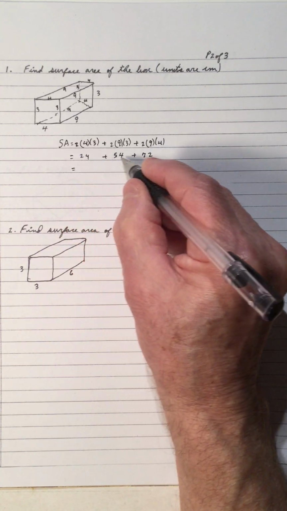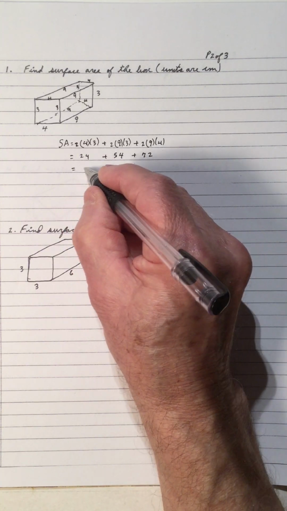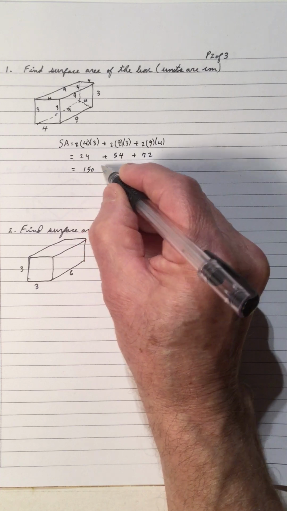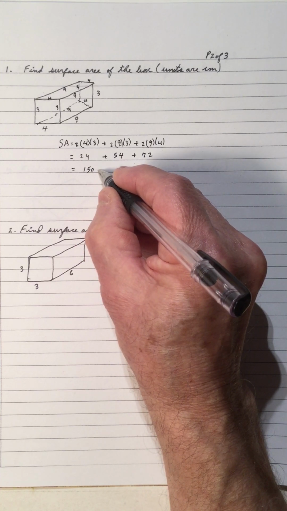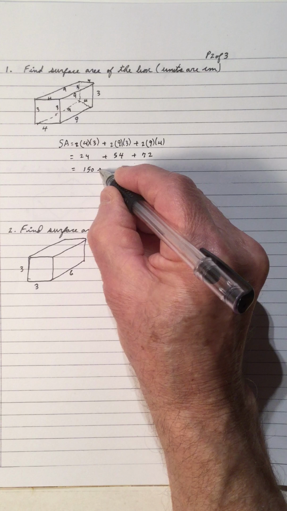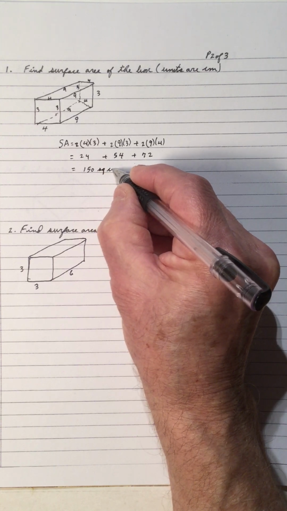And if you add all of them together, you will get 150. So it's surface area, so it's square centimeters.